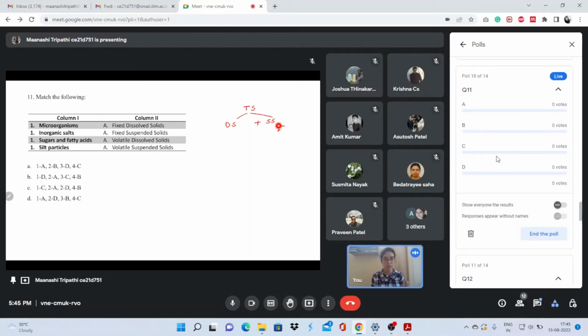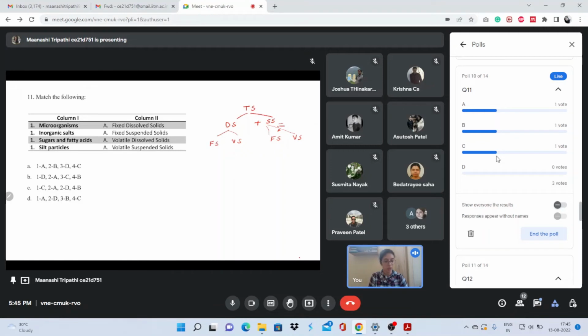This is the first step. Now, in dissolved solids as well as suspended solids, we have fixed solids plus volatile solids. In suspended also, we have fixed solids plus volatile solids. So this is the kind of table you can remember.